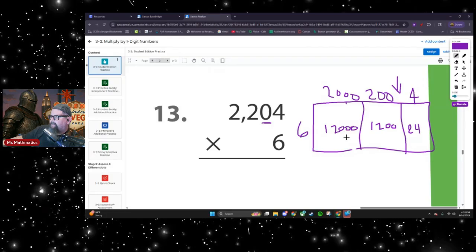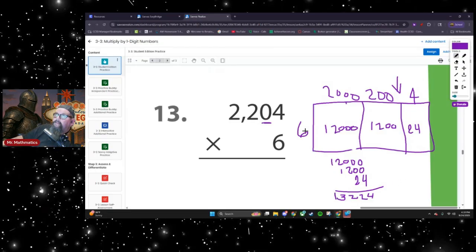And then we just add these up, making sure my numbers are aligned via place value. 2, 2, 3, 1.